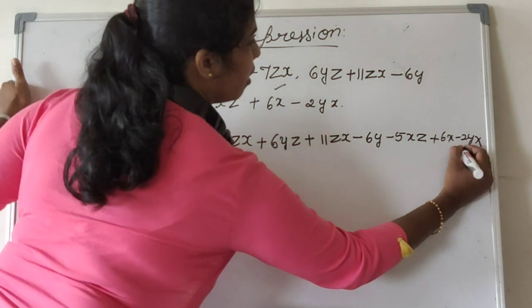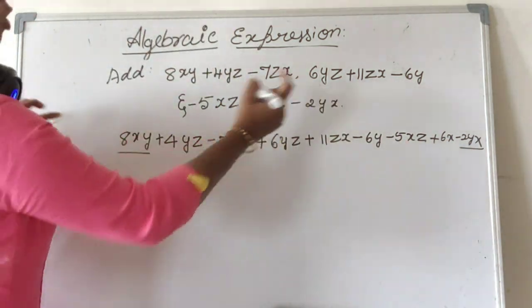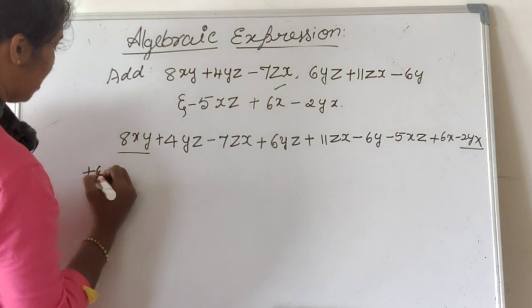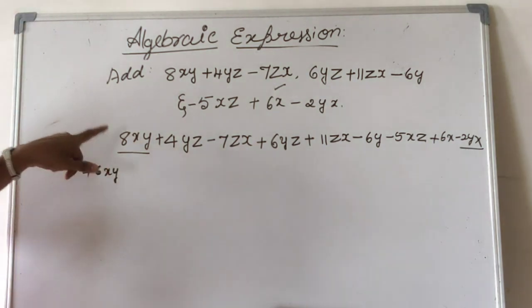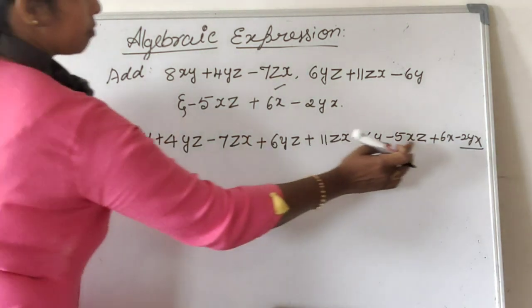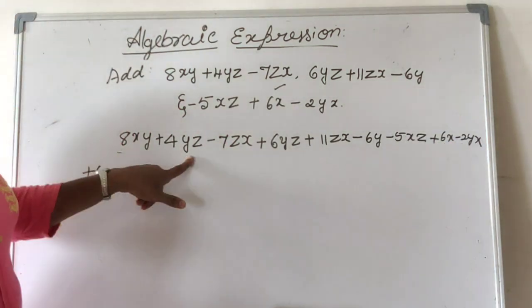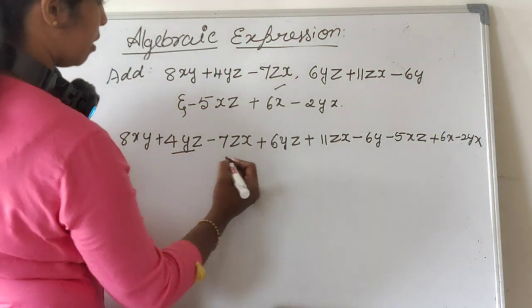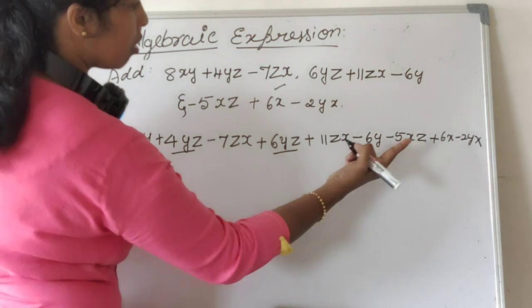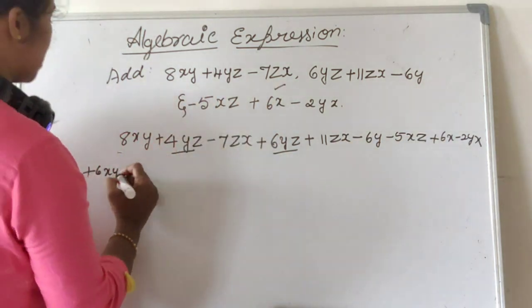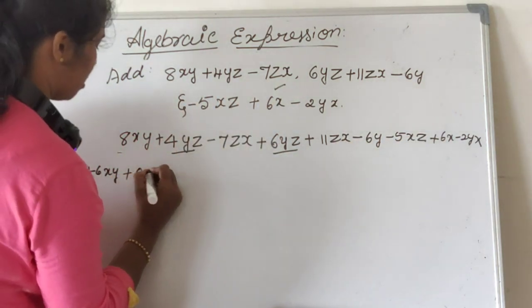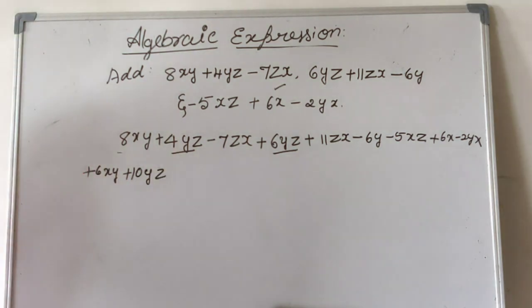Yeah, here. Where is 8 minus 2, 6 plus xy, because this is bigger, over xy come over. xy, yz, yz. Is there one more? No, 4 plus 6, 10yz. Yz finished.